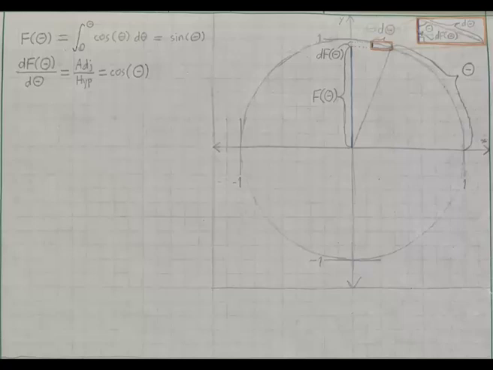The derivative is the ratio of these tiny differences, d big F of big theta over d big theta. Looking at the tiny right triangle, d big F of big theta over d big theta is the same thing as adjacent over hypotenuse, and adjacent over hypotenuse is the same thing as cosine of big theta. So everything works out in the end.